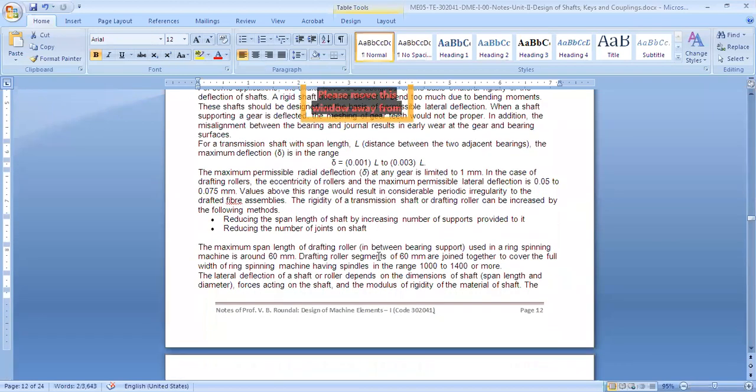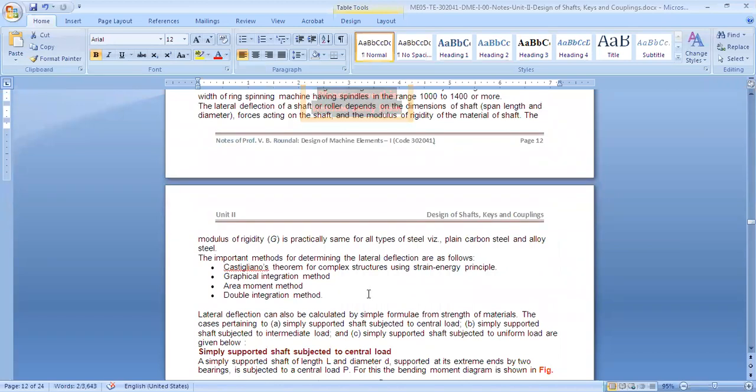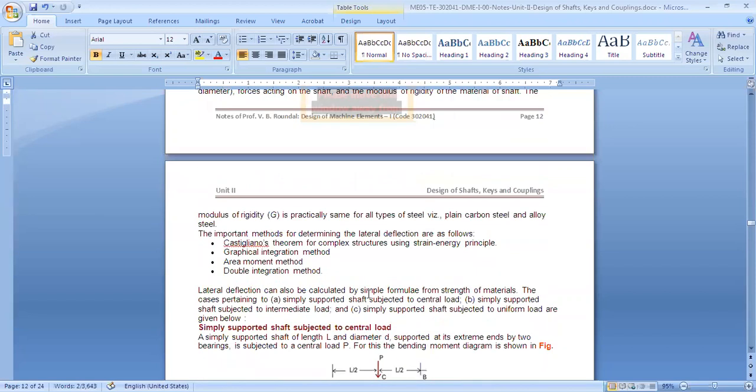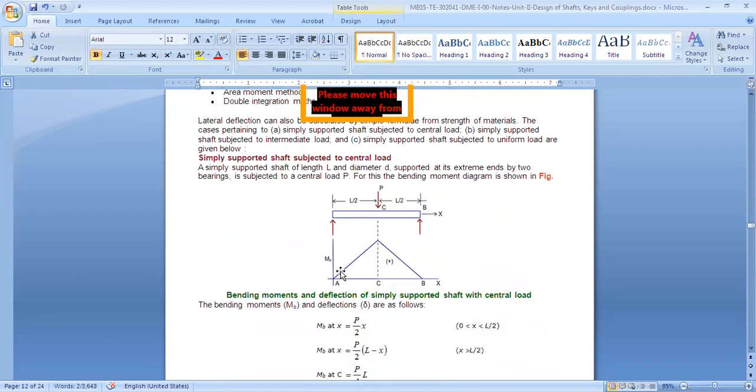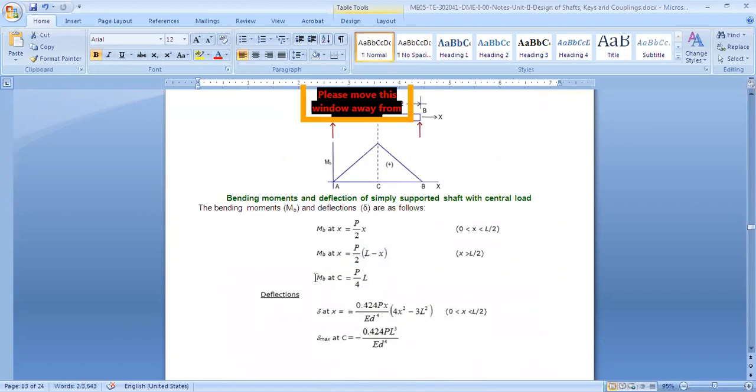If we do the design for this deflection, then it is called the design for lateral rigidity. There are many methods: the Macaulay's method, the graphical integration method, the area moment method. There are different methods for the design of the shaft for lateral rigidity. Now I will just give you some formulas. You have to keep those formulas in mind and use them depending on the situation.